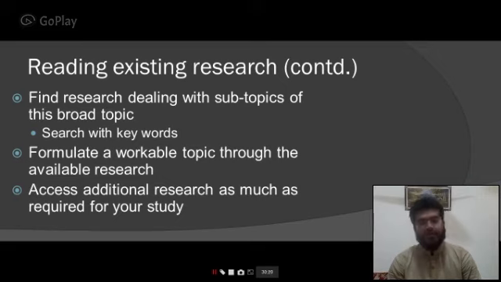And as this research process continues, you will obviously be looking for more and more research to add strength and substance to your ideas and arguments. So this search for ideas, search for more research continues till the end.